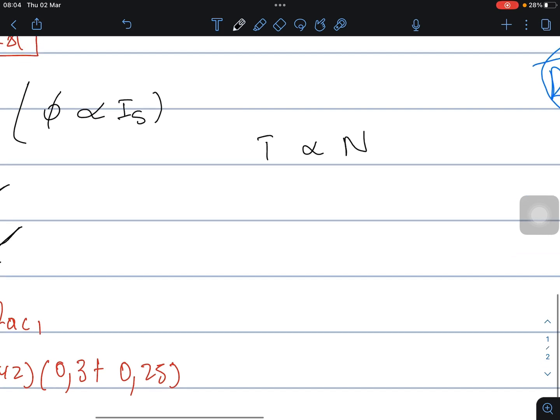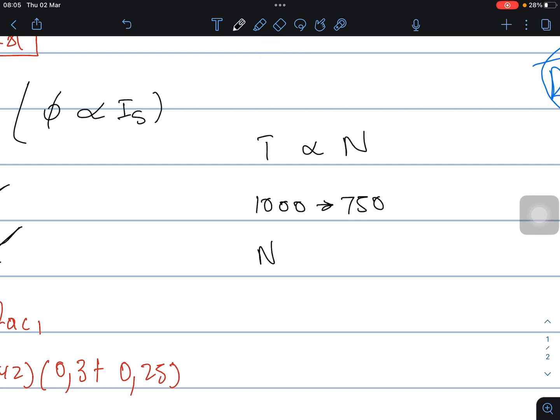So the speed decreased from 1000 to 750. Okay, meaning N2 and the speed.